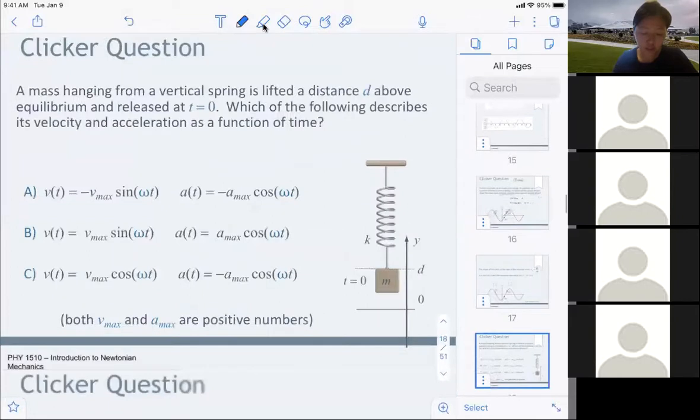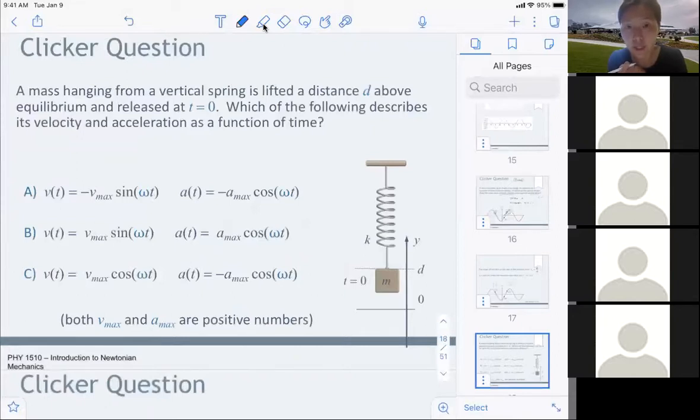All right, let's continue to look at another question. Here we have a mass that's hanging from a vertical spring that is lifted at distance d above the equilibrium and is released at t equals 0. Some of you have done lab 12, right? I know not everyone has.